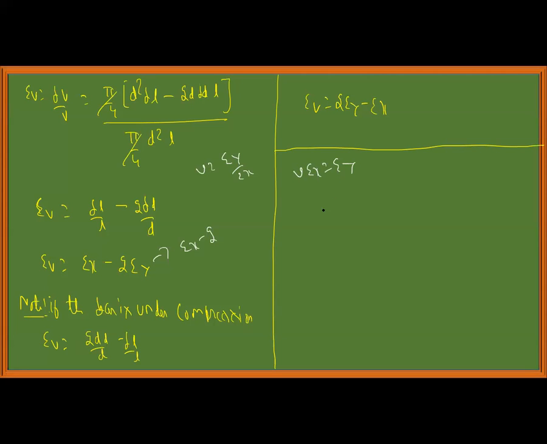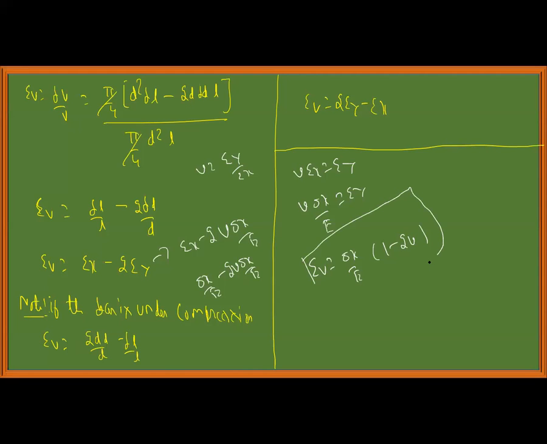Let me substitute here in place of epsilon y this mu times sigma x by E, and epsilon is equal to sigma x by E, and 2 times mu times sigma x by E. If I write sigma x by E common, epsilon is equal to sigma x by E. So it's another thing, to use this form as this form.